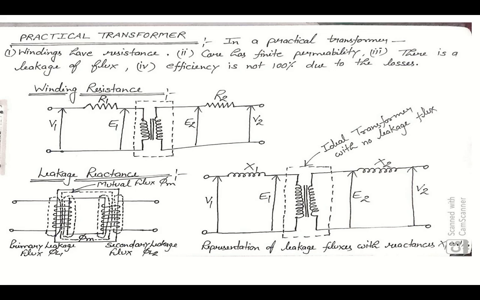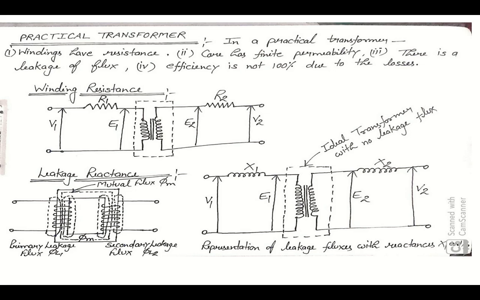So the difference between an ideal transformer and a practical transformer is that in an ideal transformer the efficiency is 100%, but in a practical transformer this is not possible, because there is winding resistance, finite permeability, and leakage of flux. So there will be no 100% efficiency due to the losses.